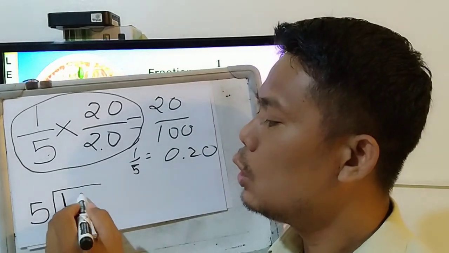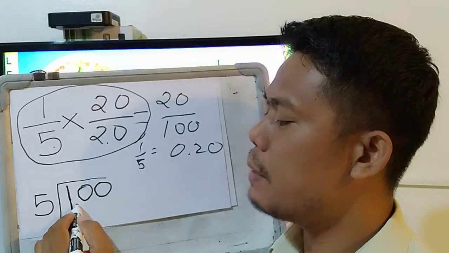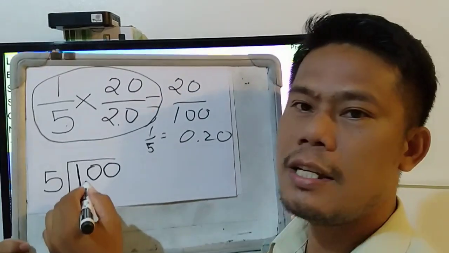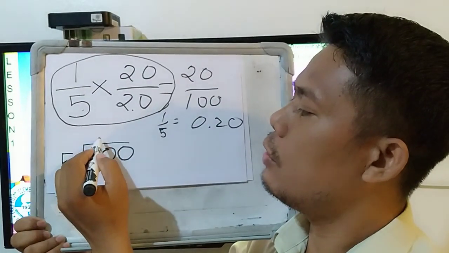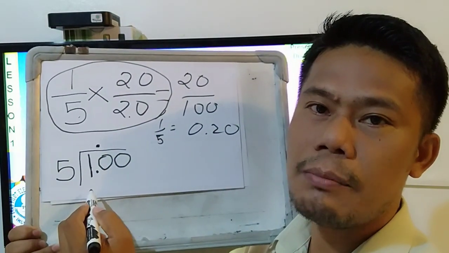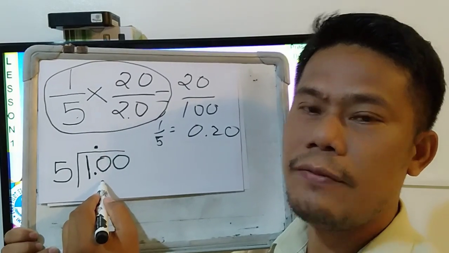So we are going to add 2 zeros, but before you add, you are going to put a decimal point here. Have you seen? Alright, now you're also going to put the decimal point at the top, aligned with the decimal point in your dividend.